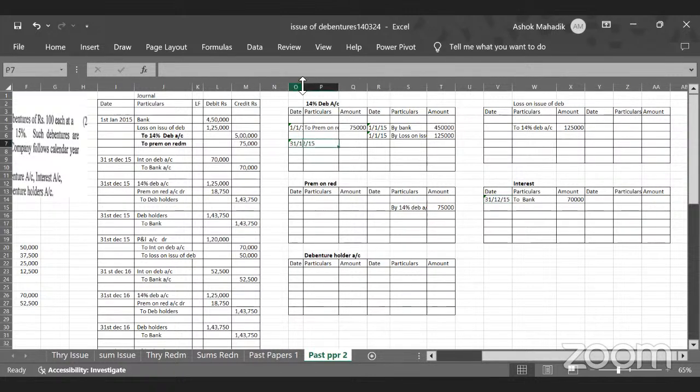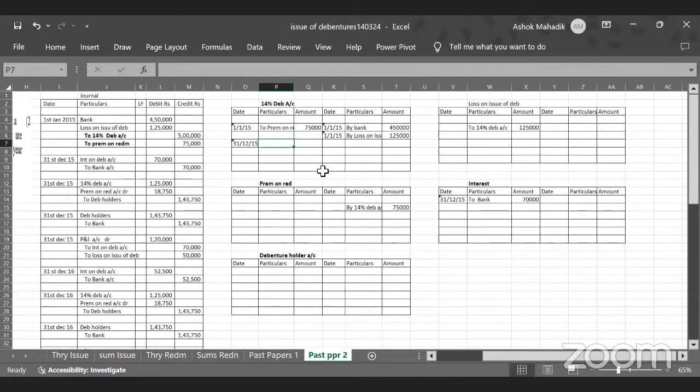So second entry, third entry: 14% debenture account debit, premium on redemption account debit, to debenture holders. So in 14% debenture, we write to debenture holders account, 1,25,000.